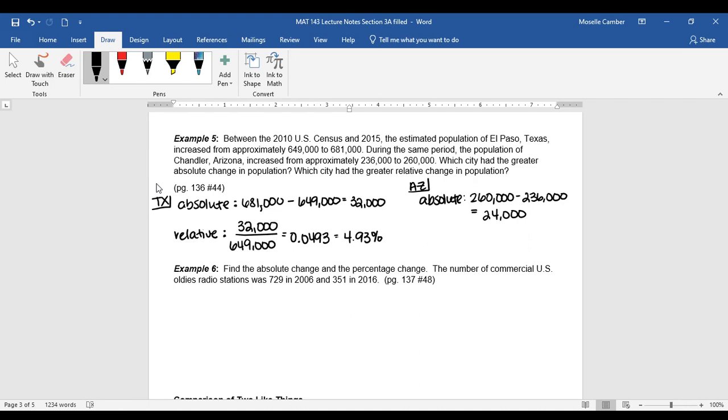So comparing the two absolute changes, Arizona did not increase by as many people as Texas. For Texas, this was the larger amount. So just looking at the absolute values, it looks like Texas had a greater change in population. But let's look at the relative change to see what that tells us.